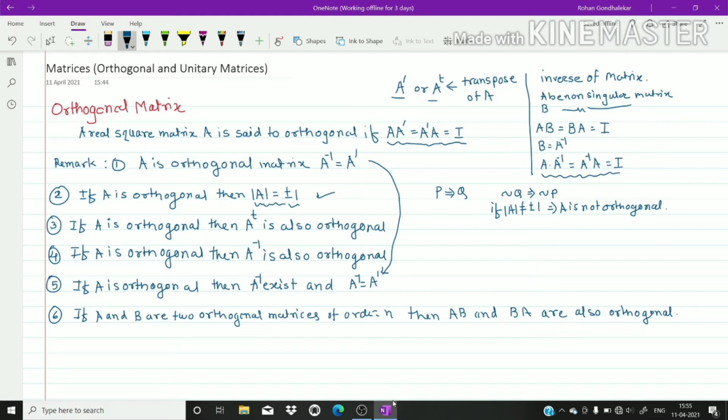Are you clear with this? If A and B are orthogonal, then A into B and B into A both are orthogonal. Good. So let's come to one simple example. Let's begin with that.